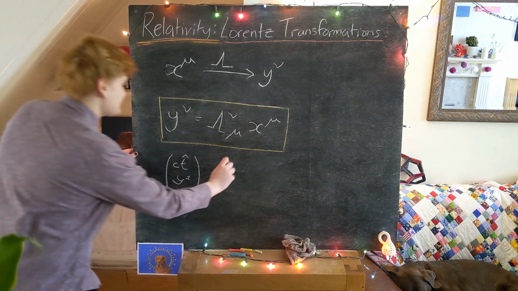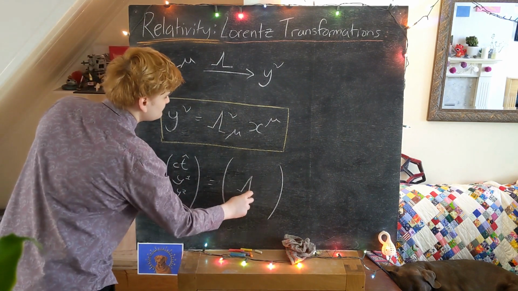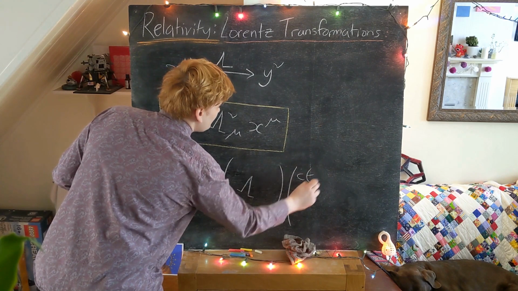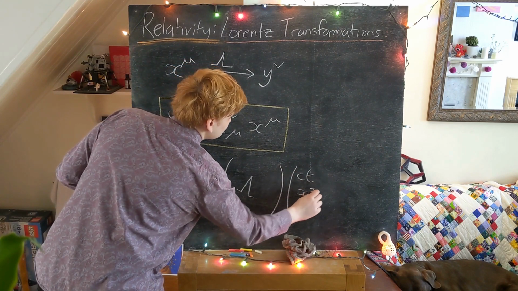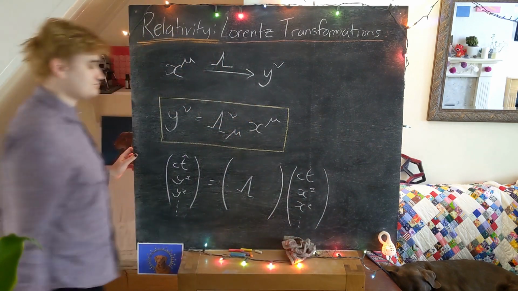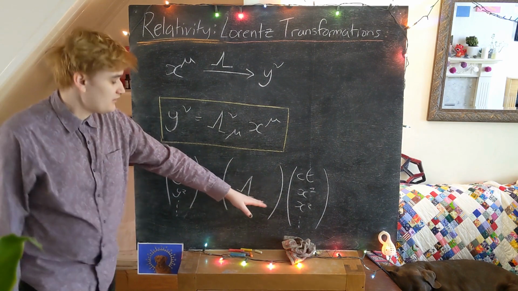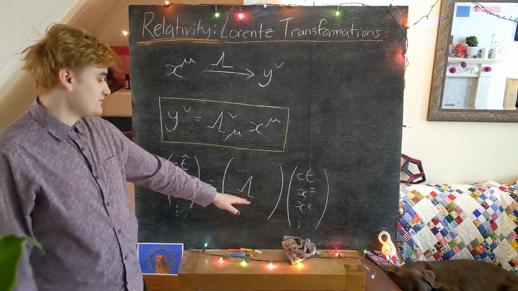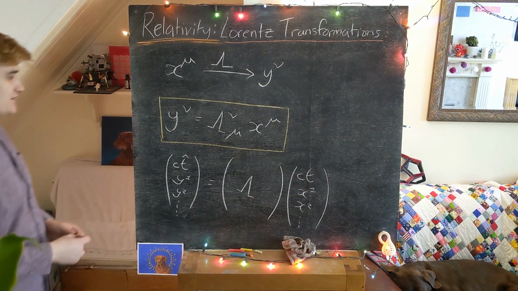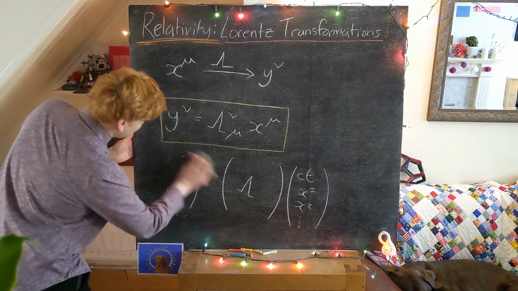This is now just going to be some matrix of coefficients multiplied by the old coordinates x. So now it's going to be up to us to determine what possible matrices can go here, and to do this we're going to use the isometry requirement, which I mentioned in the previous video.